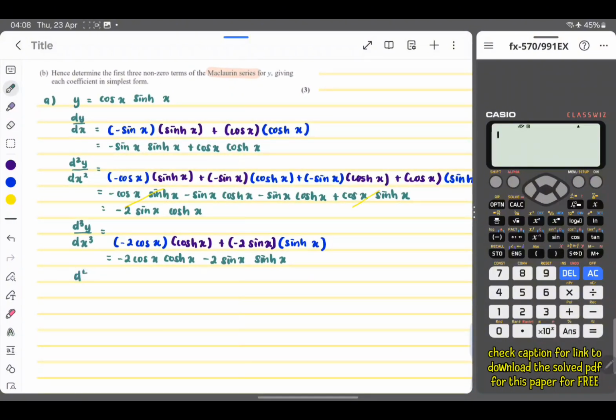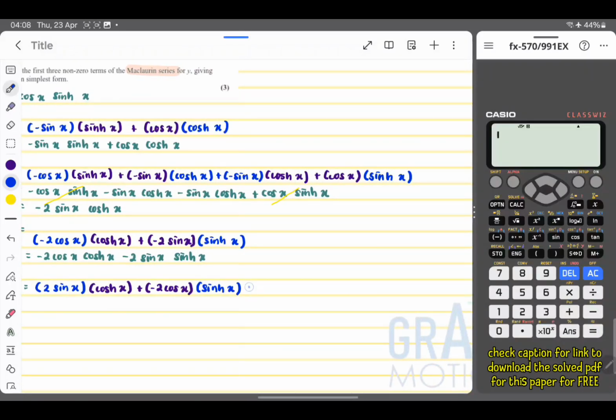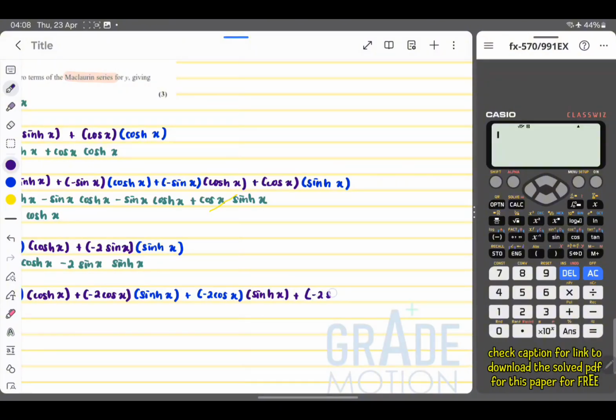Moving on to the fourth differentiation. We'll begin by differentiating negative 2 cos x cos x. So that will be positive 2 sin x, copying cos x, and then copying negative 2 cos x and differentiating cos x become negative sin x. Now we will differentiate negative 2 sin x sin x. So that will become negative 2 cos x, copy sin x, plus copy negative 2 sin x, and then differentiate sin x will become cos x.